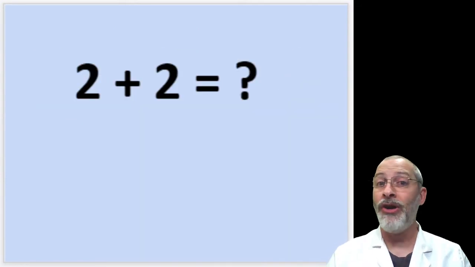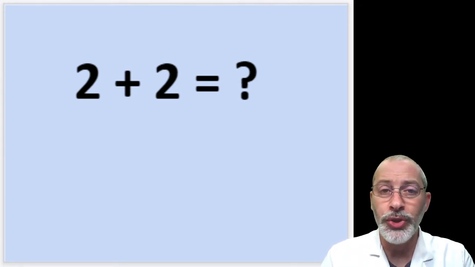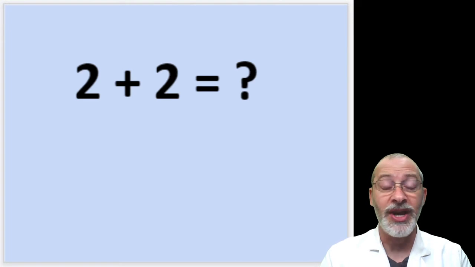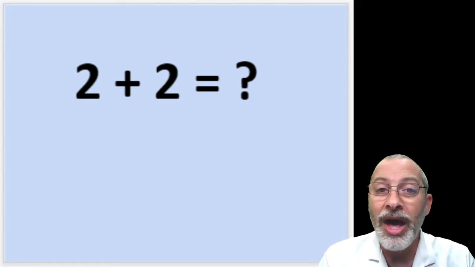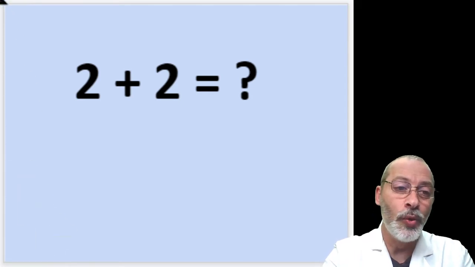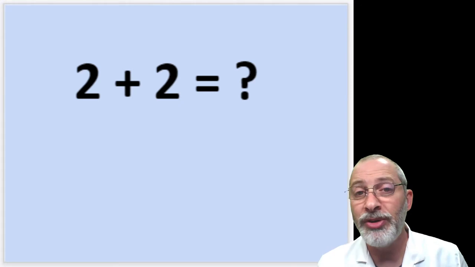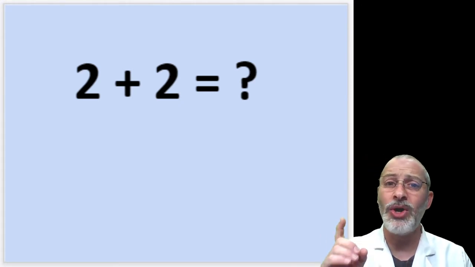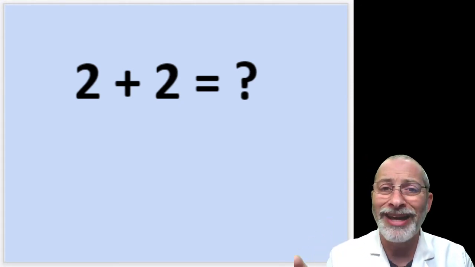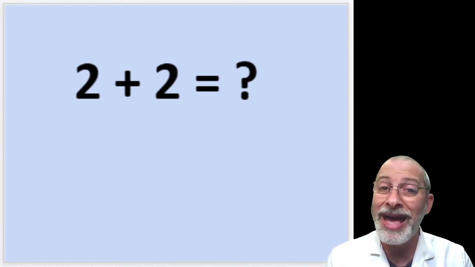I think we can all see this. 2 plus 2 equals something. What does 2 plus 2 equal? Hopefully you don't have to think about it too much before you realize that there is only one correct answer according to the laws of mathematics.